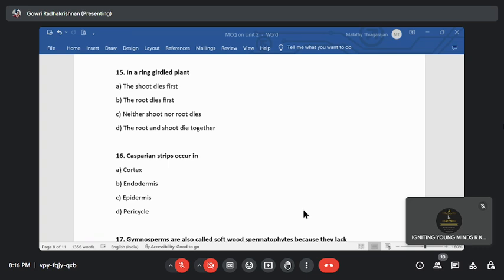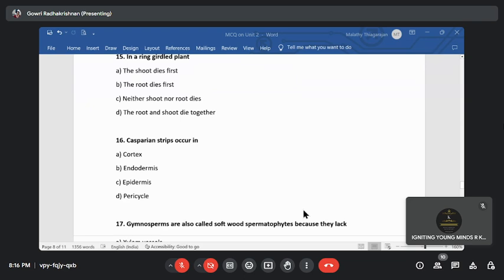Now next, Casparian strips occur in option B, endodermis.